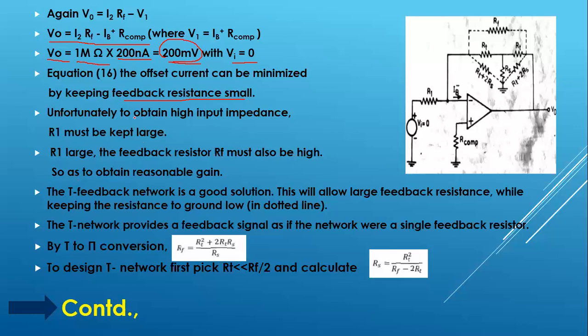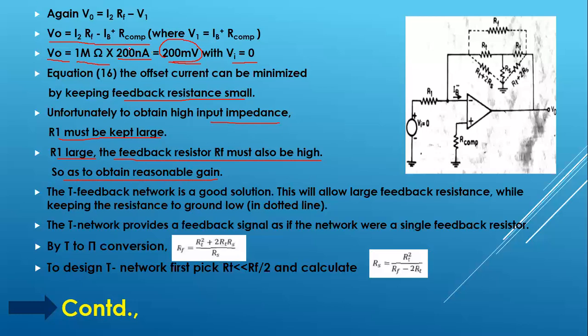Sorry, if you increase the input impedance, R1 must also be kept large. If R1 is large, the feedback resistance must also be high, so we can obtain reasonable gain. But if this resistance is increased, this value is increased, so it should be maintained constant.